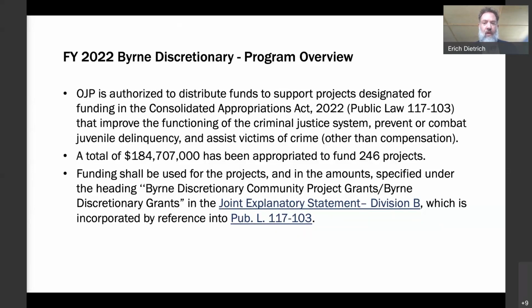But discretionary grant programs can also be non-competitive. The Byrne Discretionary Grant Program is non-competitive. It's by invitation only. Only the 246 projects appropriated under this heading in the amounts listed for the listed recipient can receive a grant award under this program.